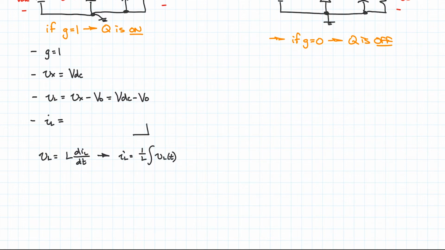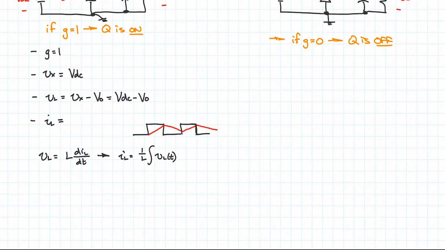Now, if this applied voltage is a square wave, which is what we absolutely have in this case, the integral of this voltage should be a ramp, meaning this current should increase rampwise and decrease rampwise. The actual value it goes up to depends on the inductance and the initial conditions. But the point is, as you apply a positive voltage, the current in the inductor increases rampwise, and as you apply a 0 or a negative voltage, it starts to decrease rampwise.